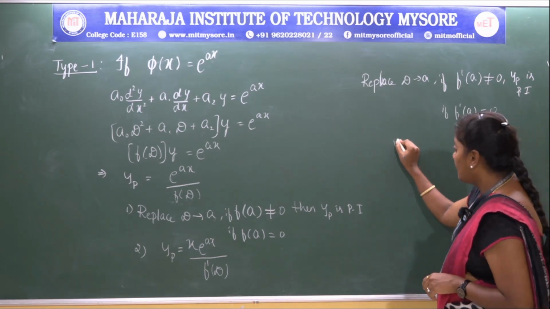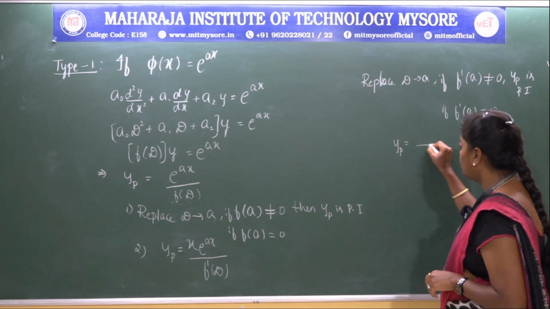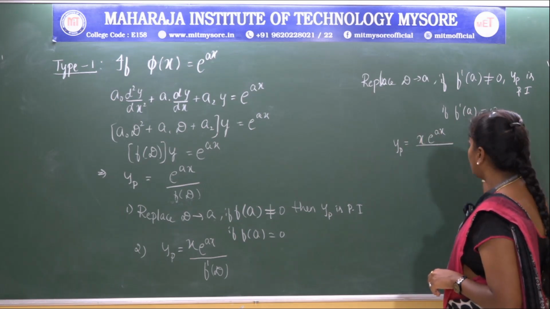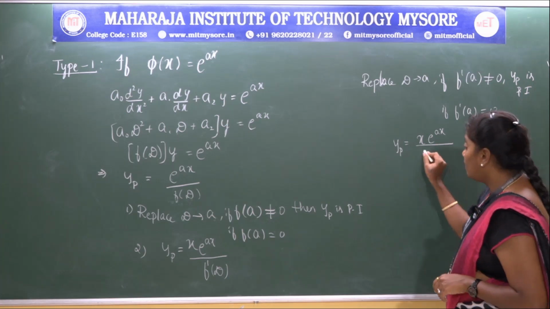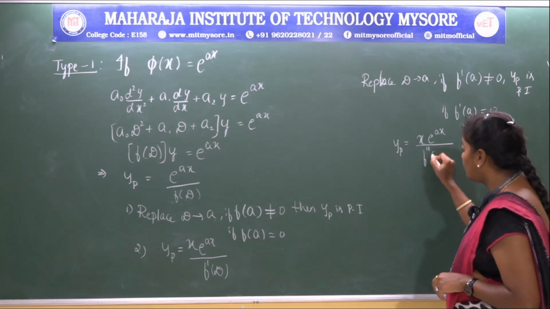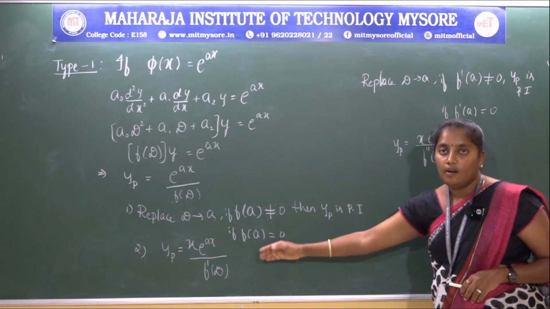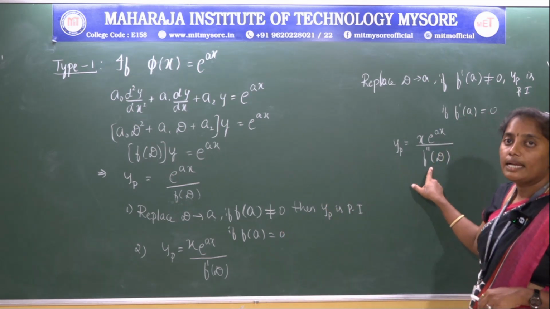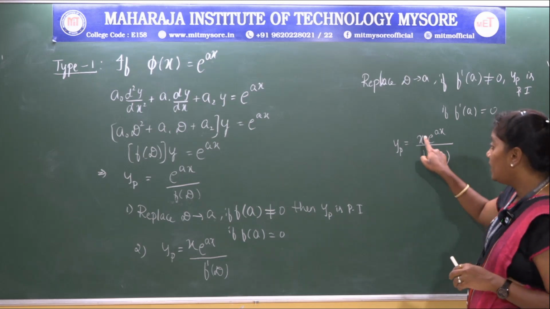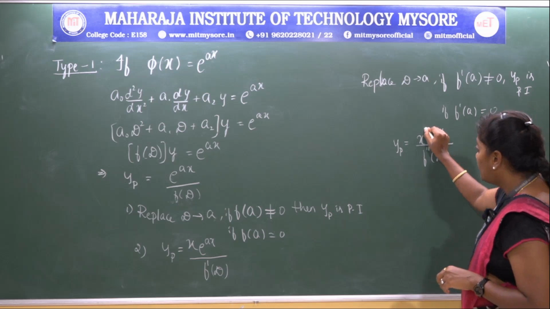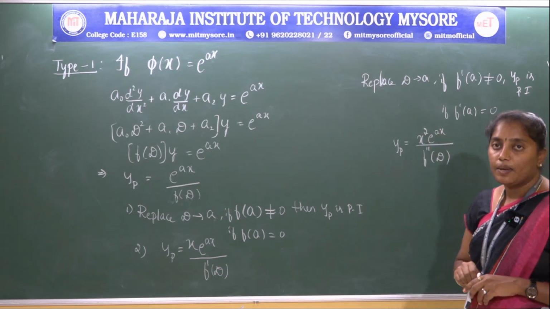That is, yp is equal to x e power of ax divided by f dash of d. If we get 0 again, then we differentiate the denominator one more time to get f double dash of d, and in the numerator, on differentiating one more time, we take x square.